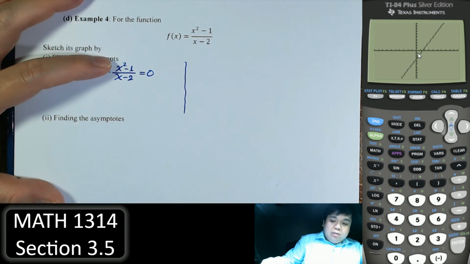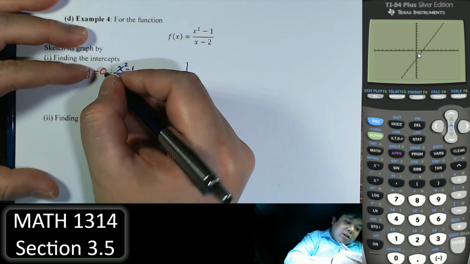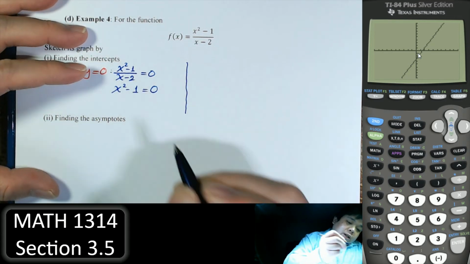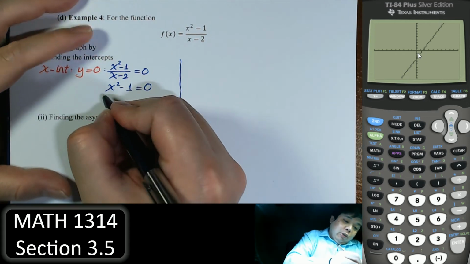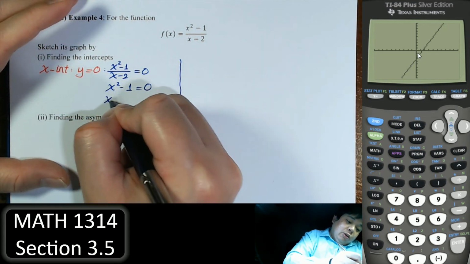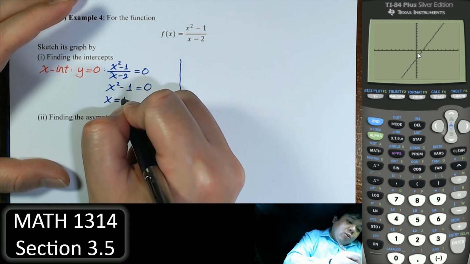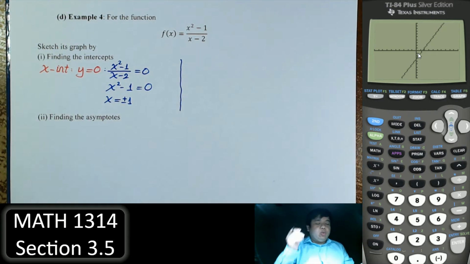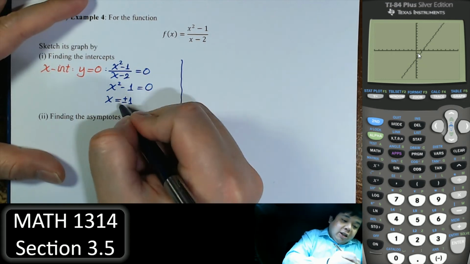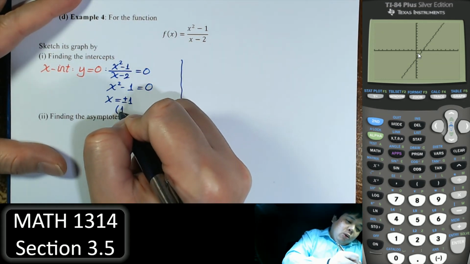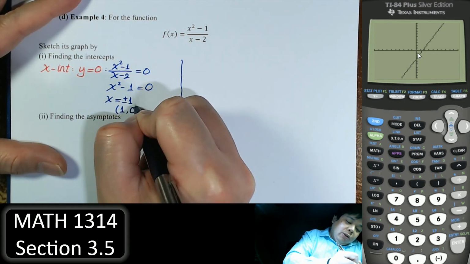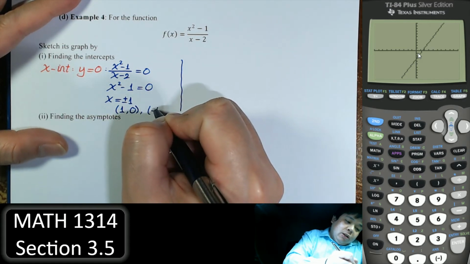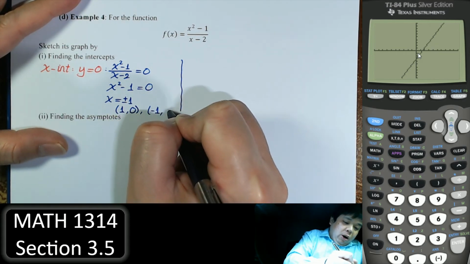When we let the fraction equal to 0, that means the top equal to 0. And here we have x equal to plus or minus 1. Right, plus 1 on both sides, take the square root. So we have the intercepts x equal to 1, y equal to 0, and x equal to negative 1, y equal to 0.